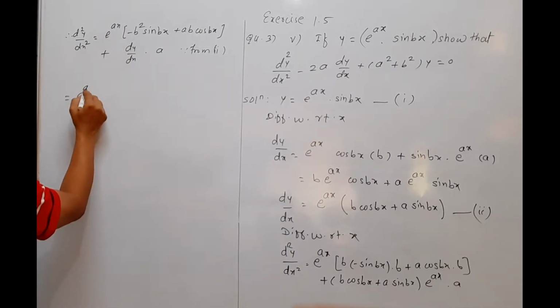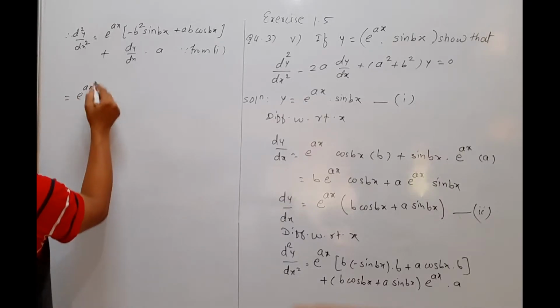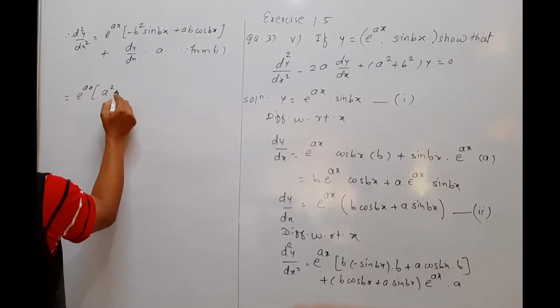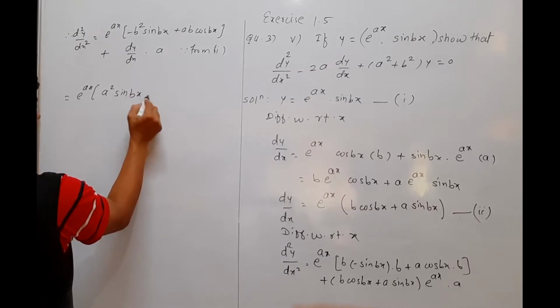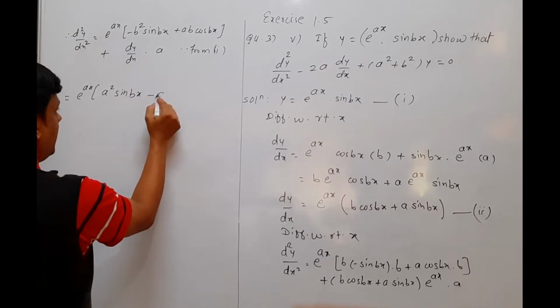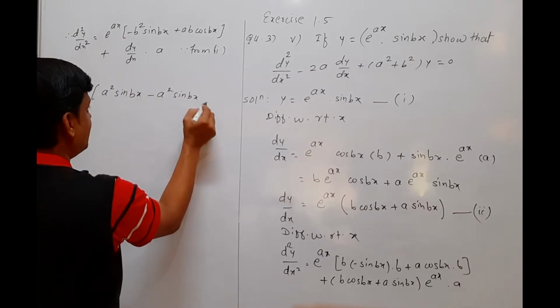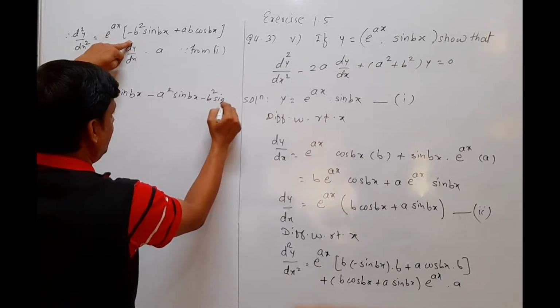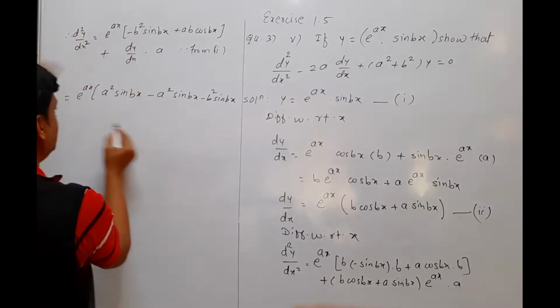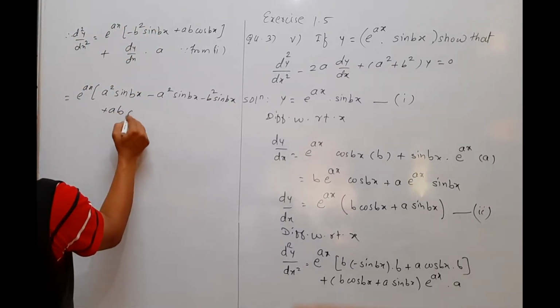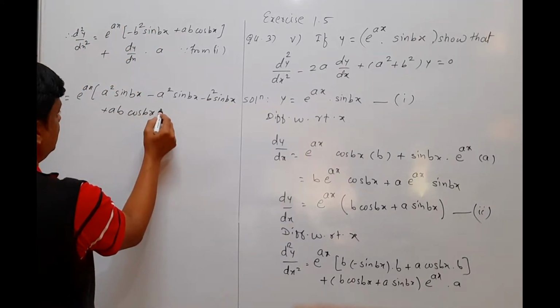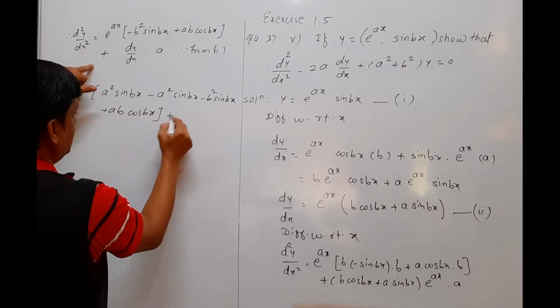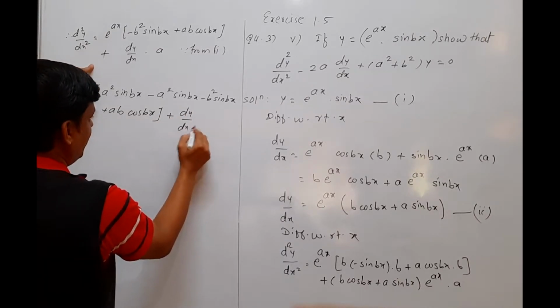E raised to the power ax in bracket we add a square sin bx and we subtract a square sin bx. So this minus b square sin bx as it is, and this plus ab cos bx as it is, plus dy by dx into a.